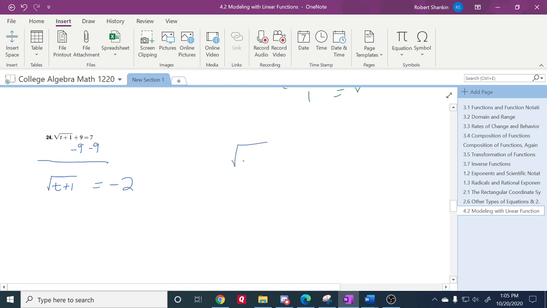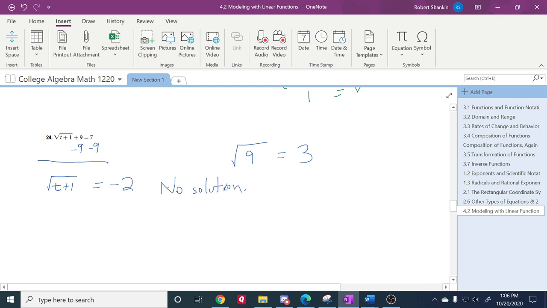When you take the square root of any number, remember the practice quiz from, I think it was the last time we had class, we don't get plus or minus 3, we just get 3. The square root symbol was made to be a function, and so it means the principal square root. You only get the positive one. So if t was, let's say, 8, 8 plus 1 would be 9. The square root of 9 would be positive 3. You can only get positive numbers. This, we can immediately say, is no solution.